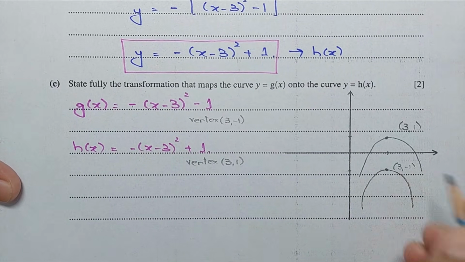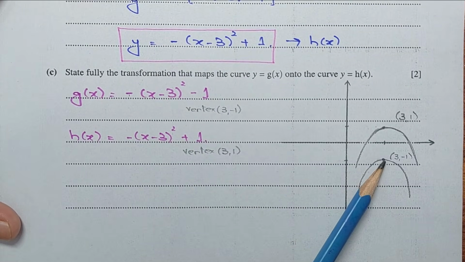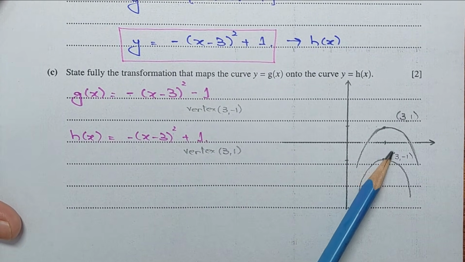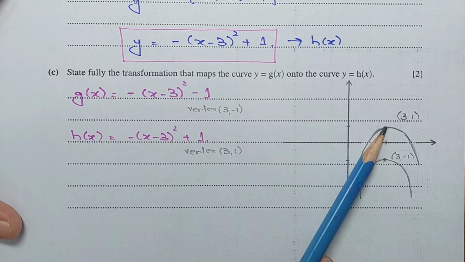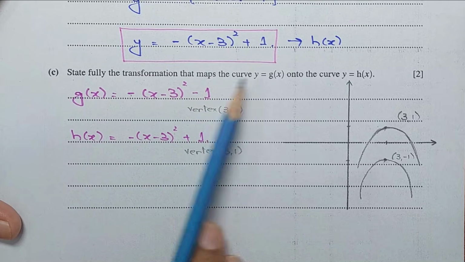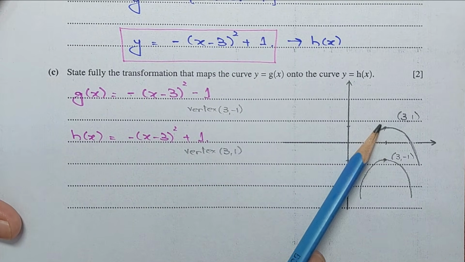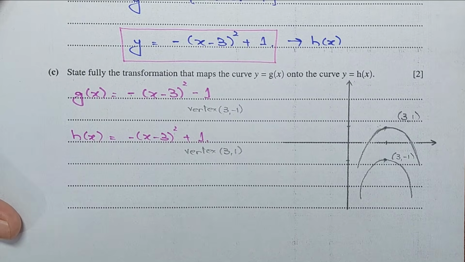Okay, you guys can see both the graphs are the same, right? So now when we move g of x 2 units up, then you will get the graph of h of x, right? So state fully the transformation that maps g of x to h of x. G of x moves 2 units up. So there is a vertical translation 2 units up.